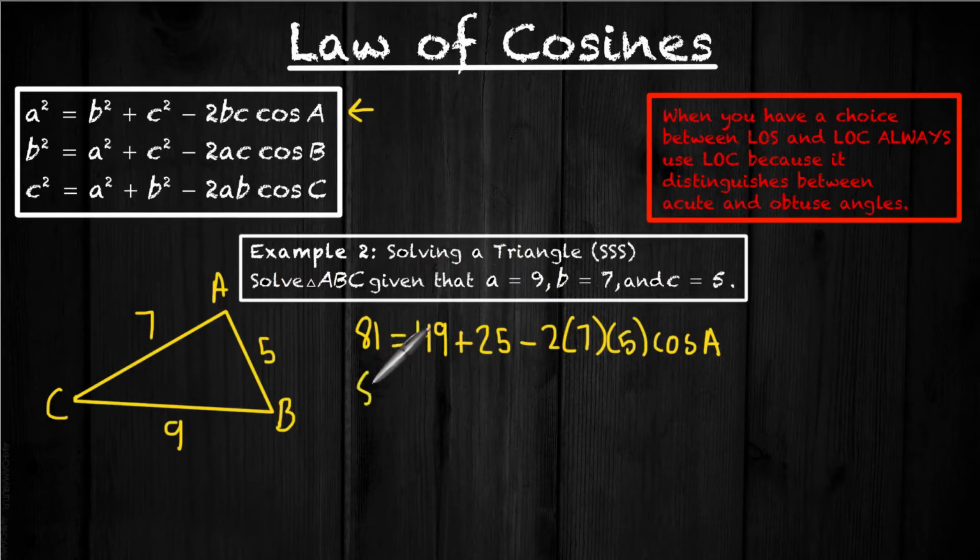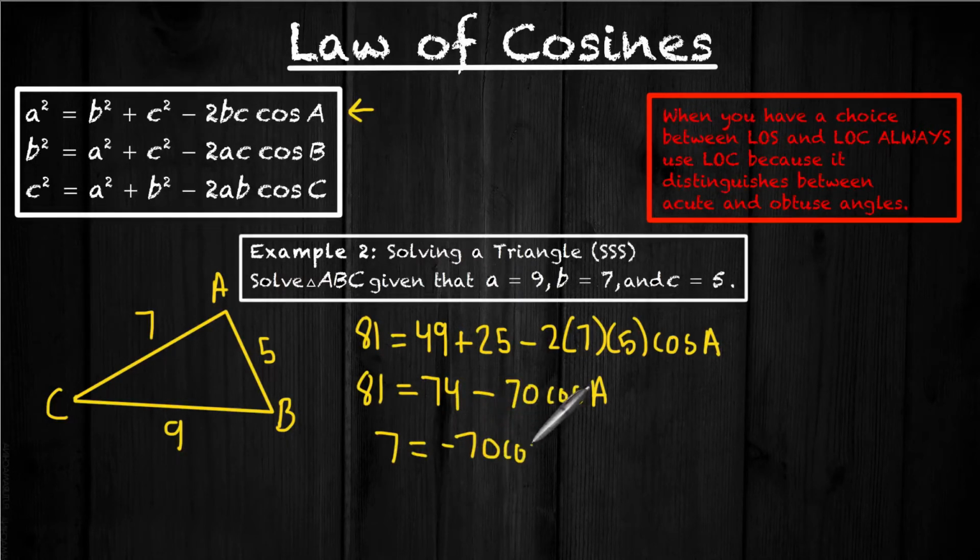So we have 81 equals 49 plus 25, which is going to be 74, and minus, well, 5 times 7 is 35, times 2 is 70, cosine of A. Subtract 74 over to the other side, and we get 7 equals negative 70 cosine of A. So divide by negative 70, and we get negative 0.1.